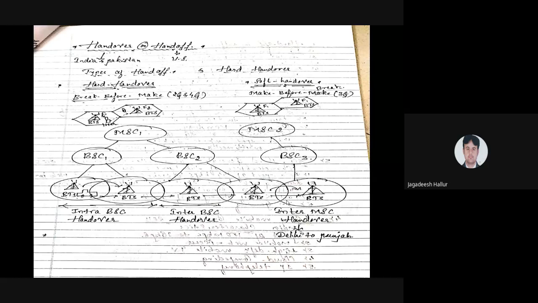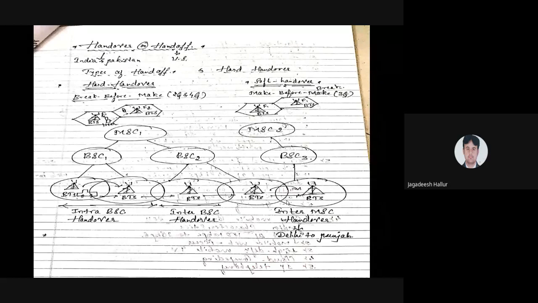Hard handoff is break before make. Soft handoff is make before break. Have you understood the meaning of hard handoff and soft handoff? Break before make; soft handoff, make before break.